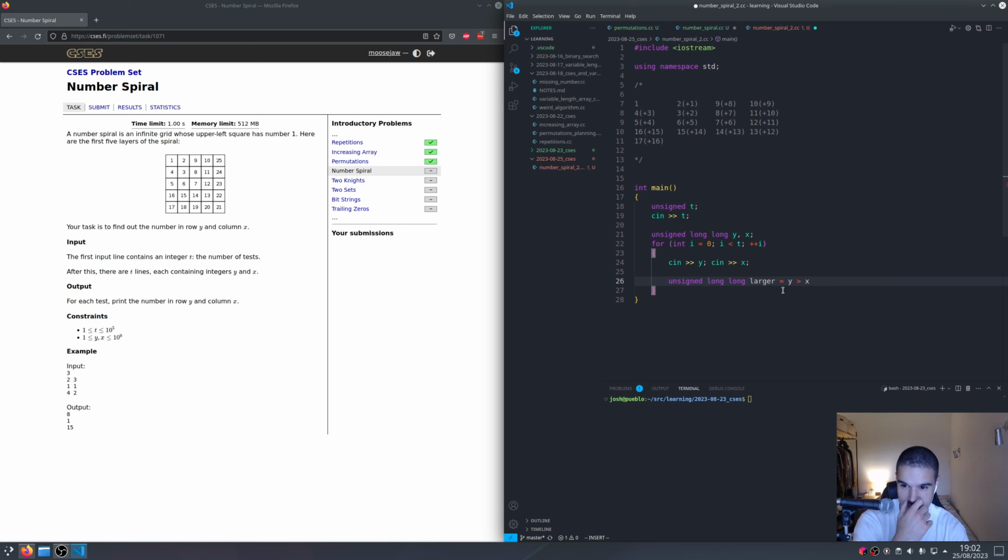Oh, but they could actually be equal, I assume. If they're equal, then we can just pick y.